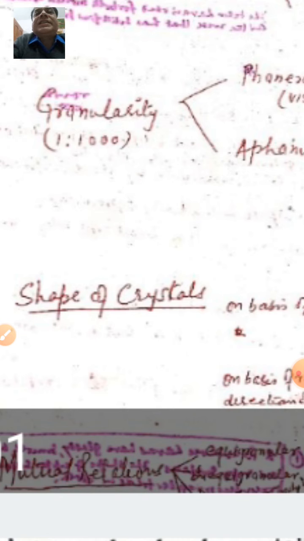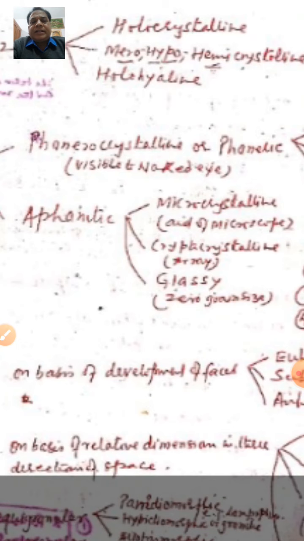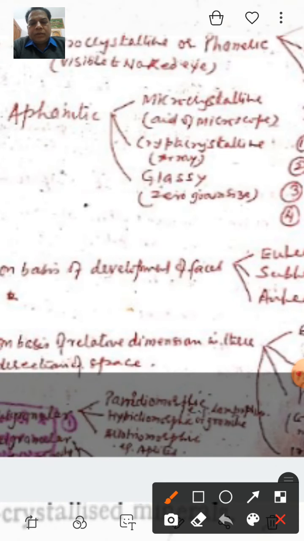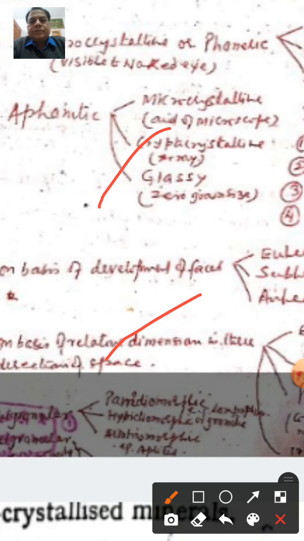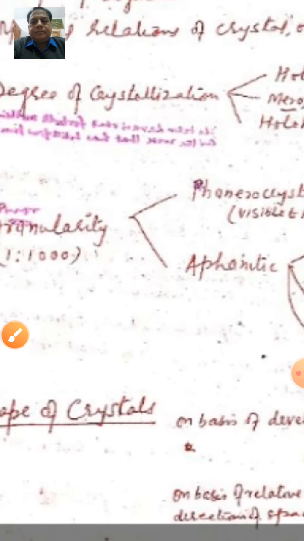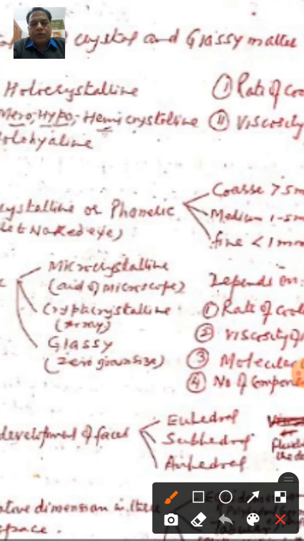On that basis, we classify igneous rock textures into two categories, the phaneritic, or phenocrystalline, means those grains which can be visualized with the naked eye, and that is further divided into three categories: coarse grained, medium grained, and fine grained.